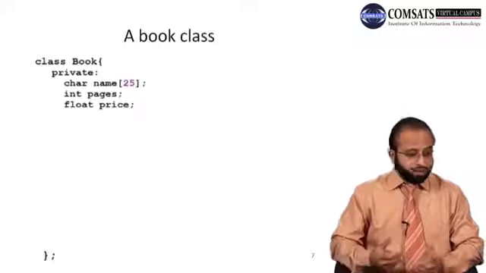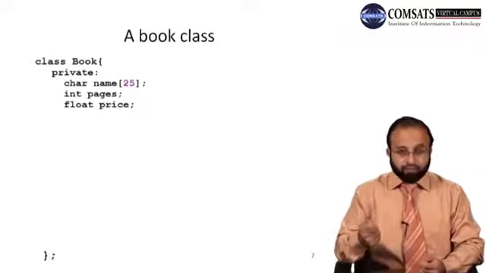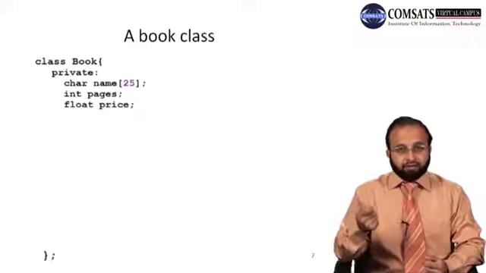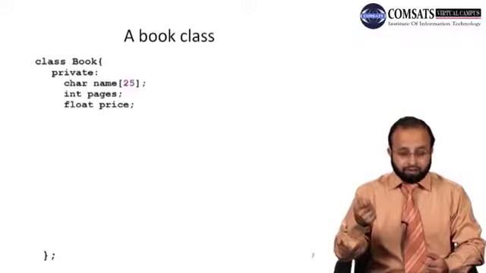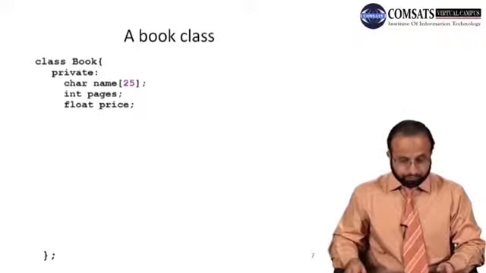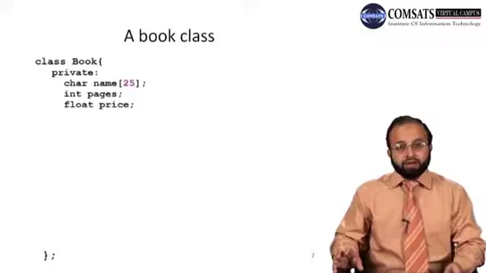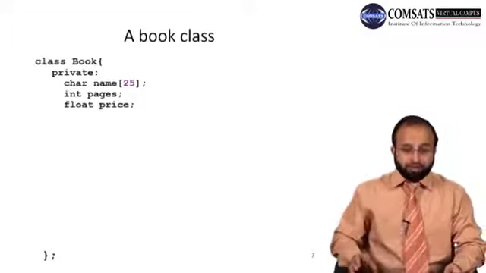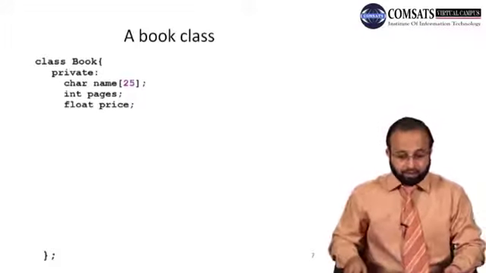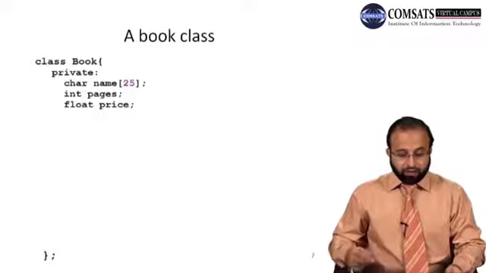For example, if you take any book, that book has some name, it has some price, and it has some number of pages. So these are the attributes of that book, right? And we represent the attribute using a variable, and we make the variable private in the class. I will tell you why it is private and what private means.